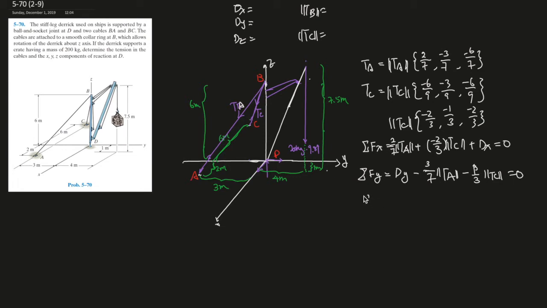And finally, the sum of the forces in the z direction. So all of this is negative, so Dz must be positive, right?